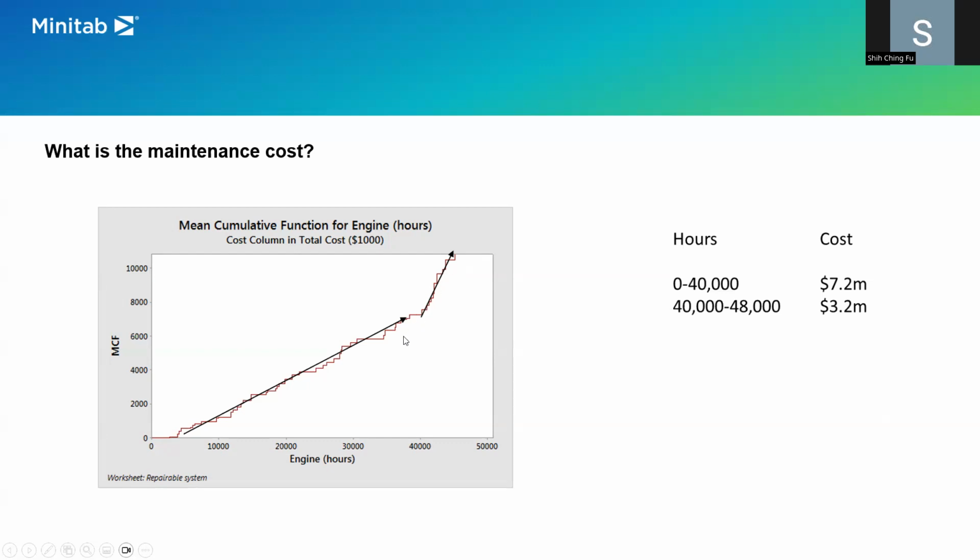So we can identify that over 0 to 40,000 hours, the total cost is about 7.2 million. But for the last 40,000 to 48,000 hours, the cost is about 3.2 million because it's increasing.